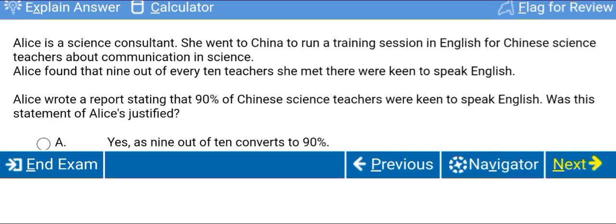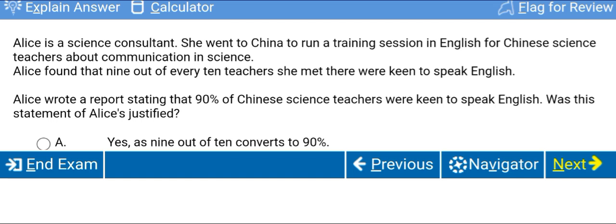Alice is a science consultant. She went to China to run a training session in English for Chinese science teachers about communication in science.